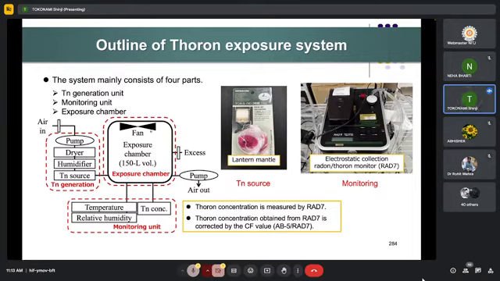In the previous radon exposure, we used this chamber as a mixing chamber. But for thoron calibration, we need a smaller volume to get the homogeneity of thoron concentration in the chamber.